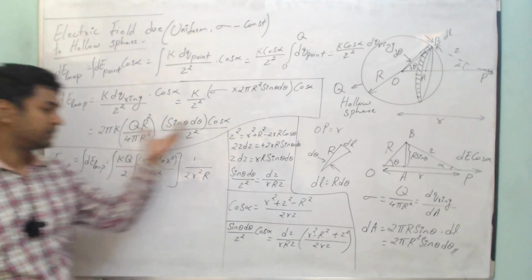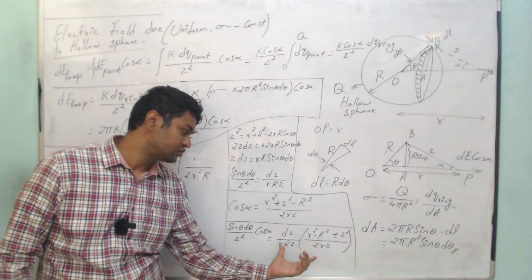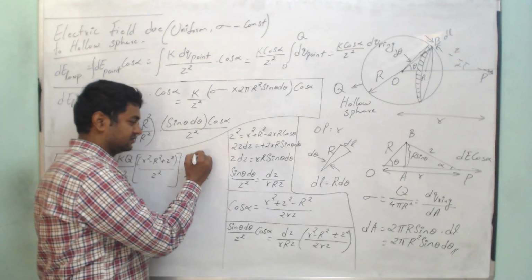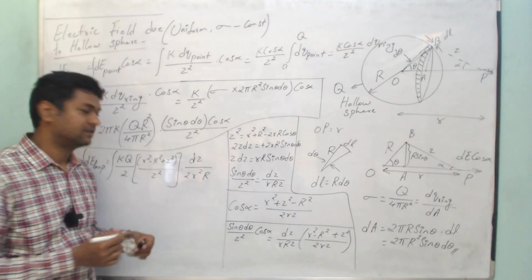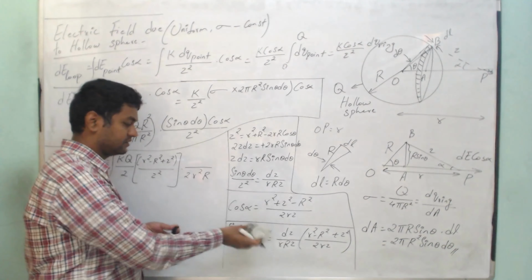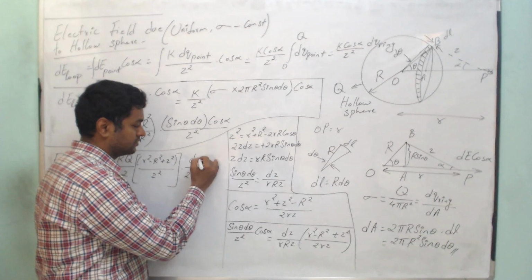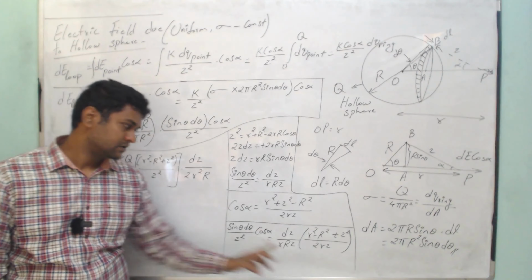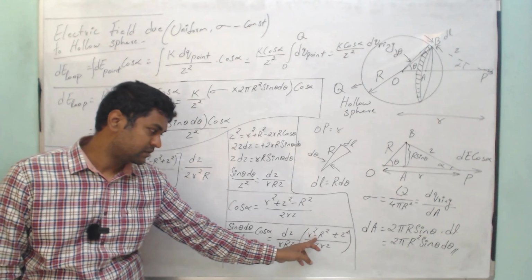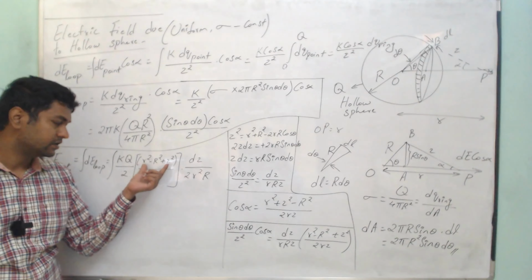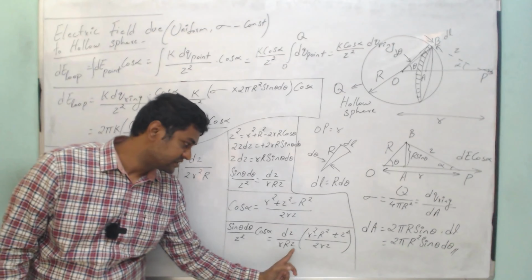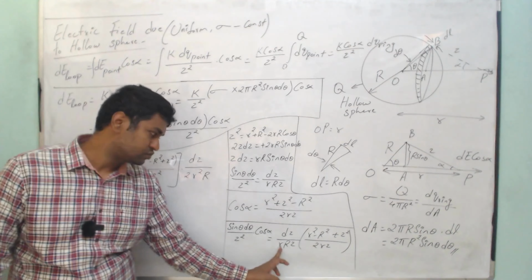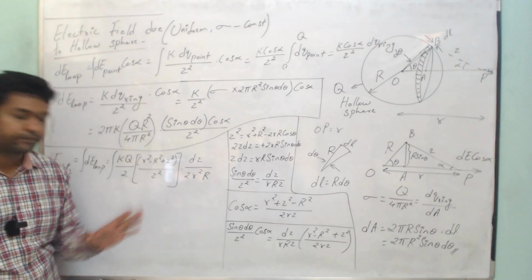Then this entire thing. I need to write dz. I have dz in the numerator, right? So dz, I have small r square minus capital R square plus z square divided by z square and divided by 2 small r square capital R.